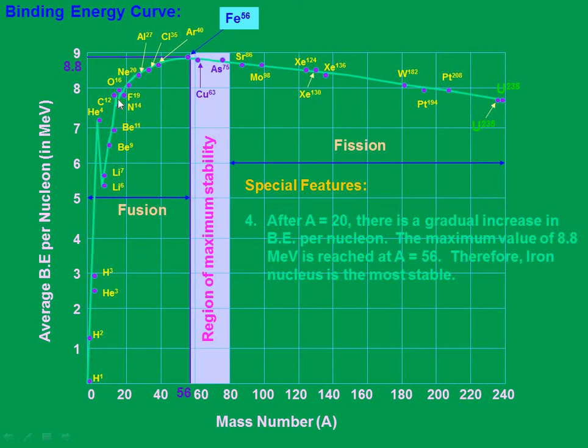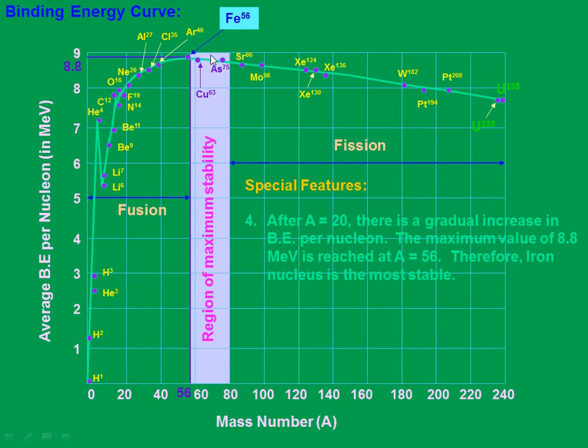Notice that after the deep decrement, it gradually increases again. So after 20, look at the variation of the graph: it keeps on increasing up to this point. The maximum value is 8.8 MeV, and that is for iron, mass number 56.